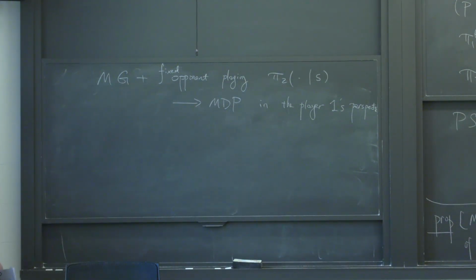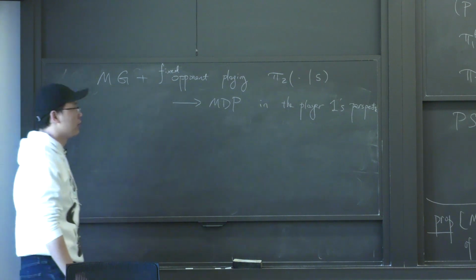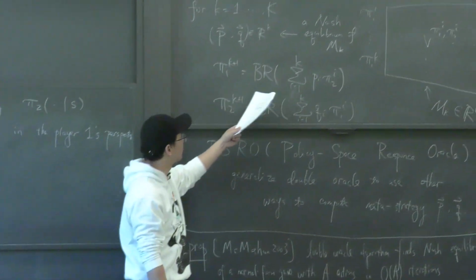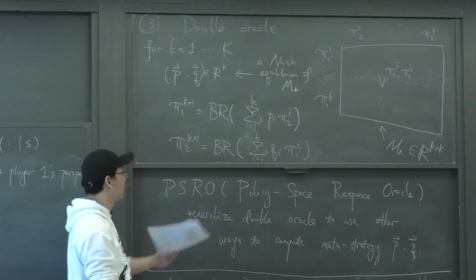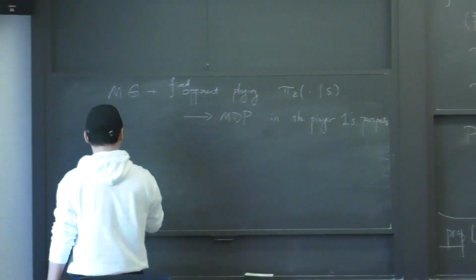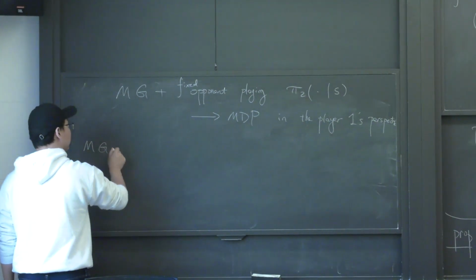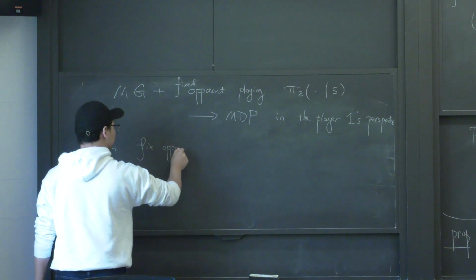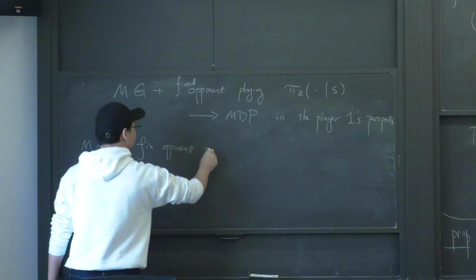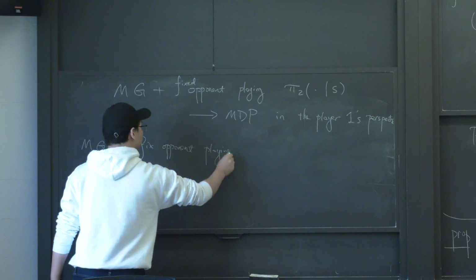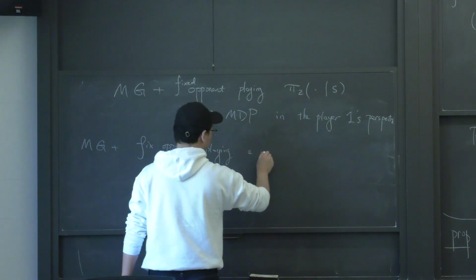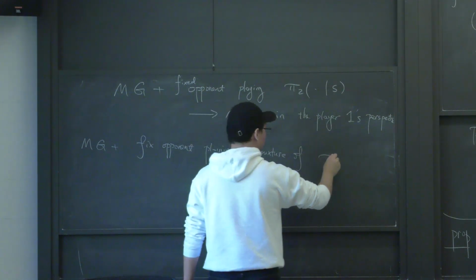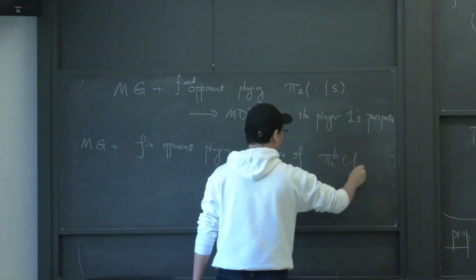But the problem is that when we do double oracle or PSRO or even fictitious play, we're not finding the best response to a single Markov policy. We're finding a best response to a mixture of policies. That is, we're actually considering the problem of a Markov game plus a fixed opponent playing a mixture of pi_2^k(s). Okay.